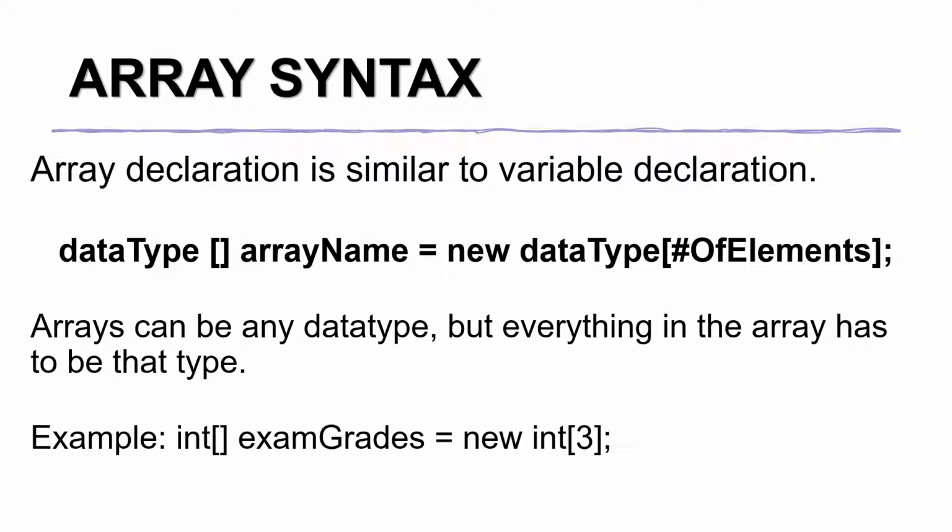So as far as writing arrays in code, we do need to make sure that we follow the correct array syntax. And it's actually very similar to how we declare a variable, where we first need to tell it what data type it's going to be. So what types of elements are we planning to store? We then do an open and close square bracket, and then we name the array just like we've named every other variable.